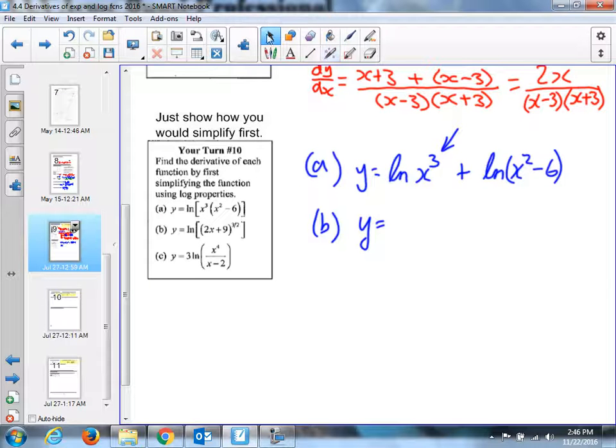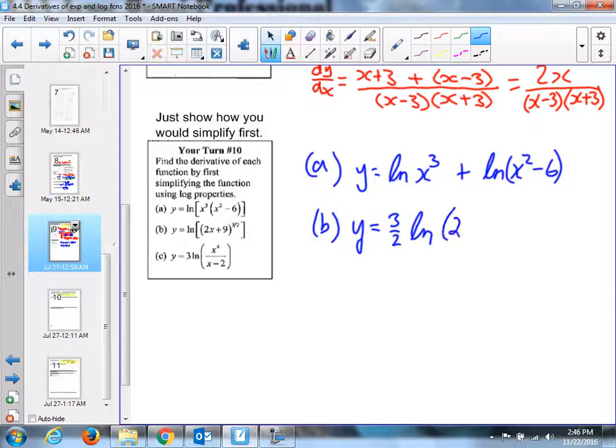You could have brought that 3 out as another step. Rewrite this again. y equals 3 halves natural log of 2x plus 9, right?